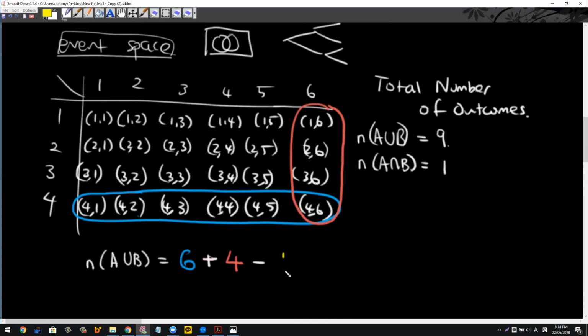I'll do that in yellow. 1, this one here. Do you see that? So what we did was add the blue with the red, but because we added this bit twice, we just subtract this one.